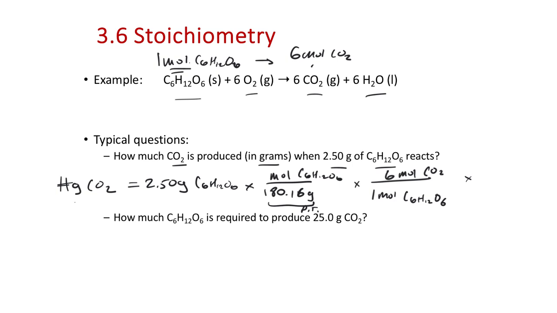Then we want the grams of CO2, so we just need to do one more step. 1 mole of CO2, just use its molar mass. 16.00 times 2 plus 12.01, that's 44.01 grams. So I get 3.66 grams.